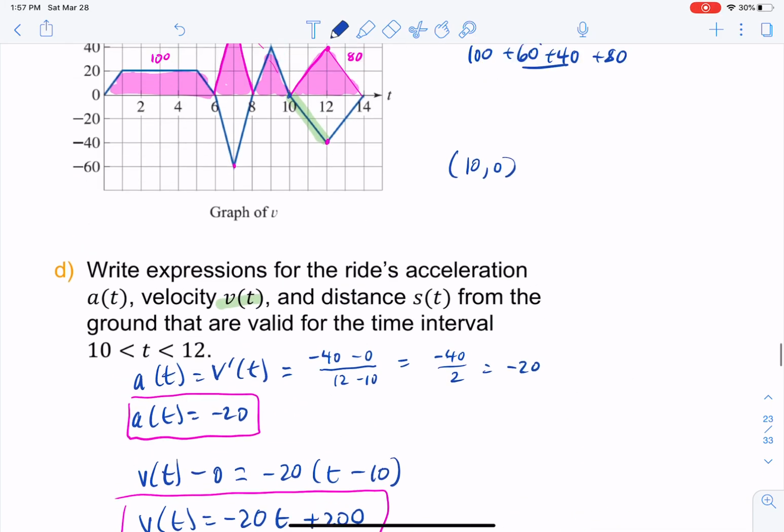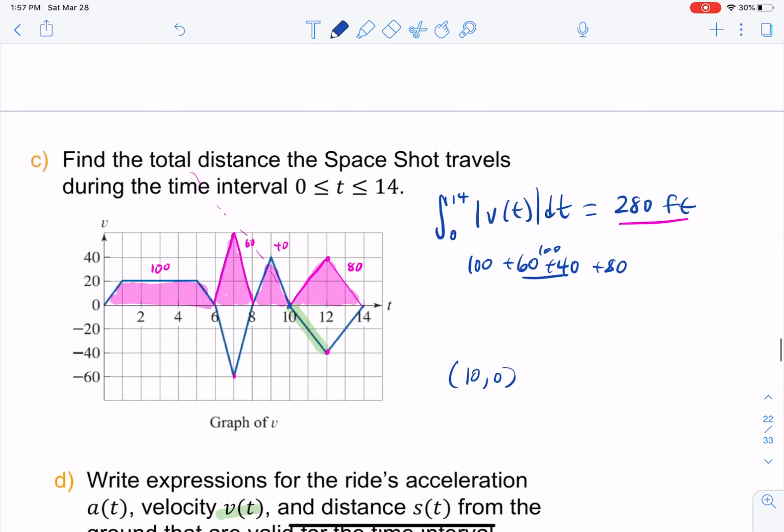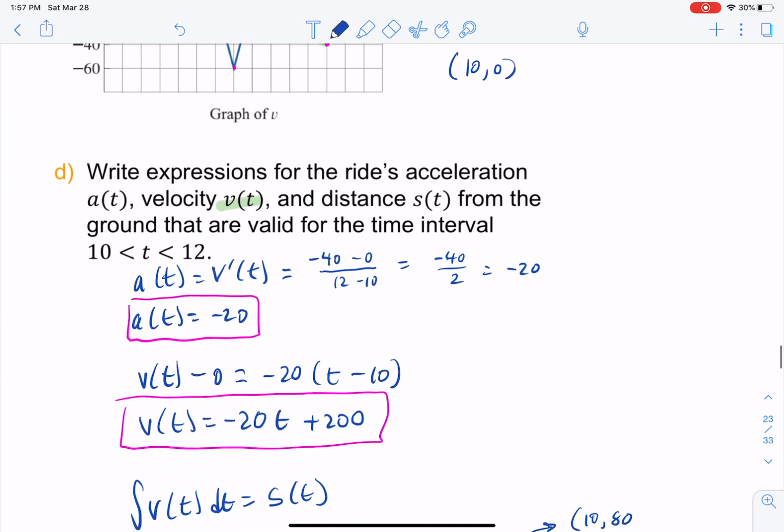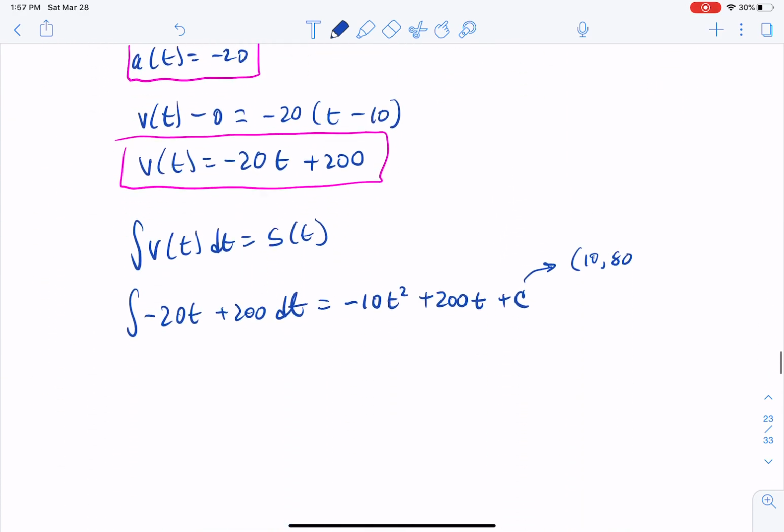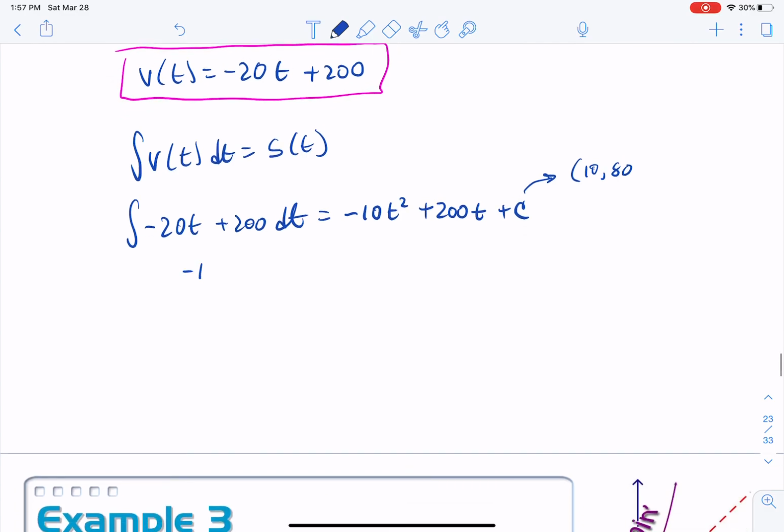Double check. Okay, yeah, we did. So I'm going to take negative 10 times 10 squared plus 200 times 10 plus c, which is supposed to be equal to 80.